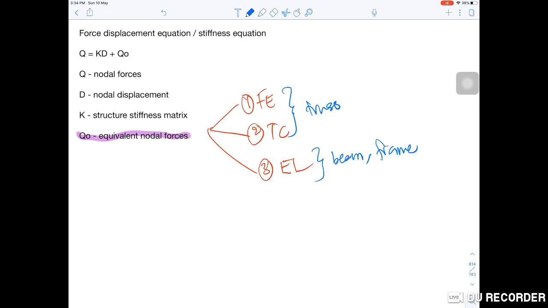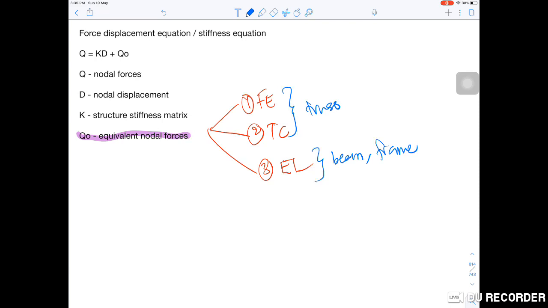Normally fabrication error and temperature changes, we will ask in truss questions. And another one, number 3, EL, is external load. External load is for beam and frame. What does it mean? It means it is about member. The loading is subjected along the member, like UDL, uniformly distributed load, or triangular load, or a point load subjected anywhere on the member, not at the nodes.